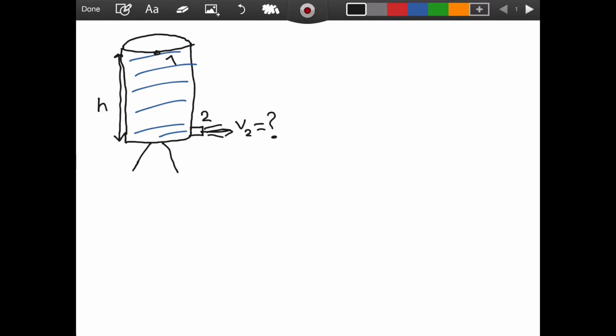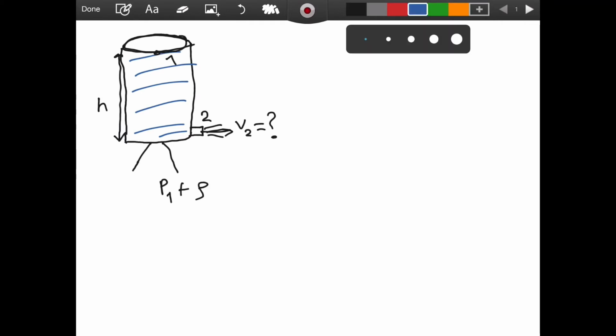as 2, then using Bernoulli's equation we can say the pressure, let me write it here, P1, the pressure that is experienced at the first position, plus rho, which is the density of our liquid. And this is correct for fluids as well, but we are dealing with a liquid and water specifically.